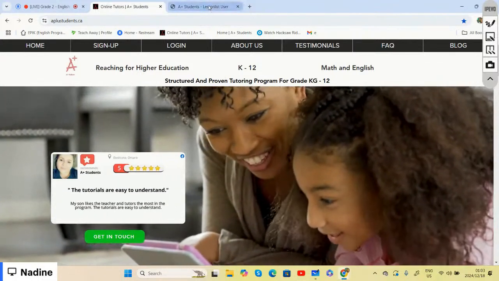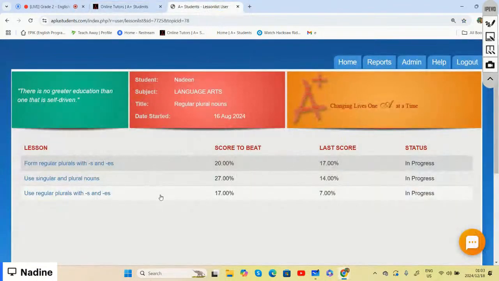We're doing grade 2, and then we're going to scroll down until we get to our chapter of regular plural nouns.